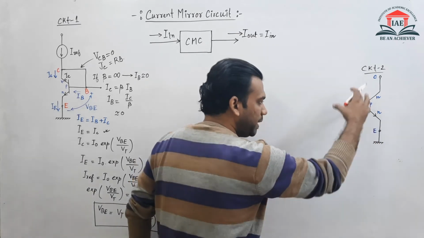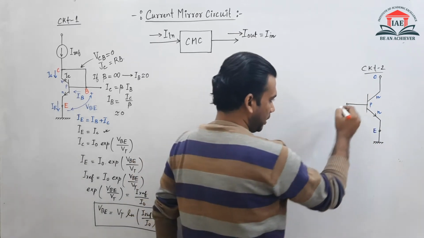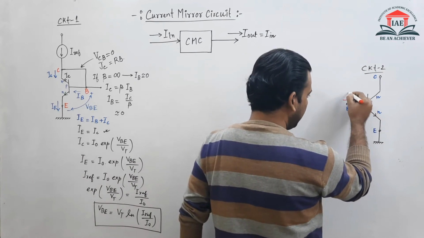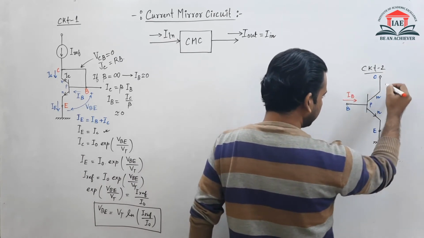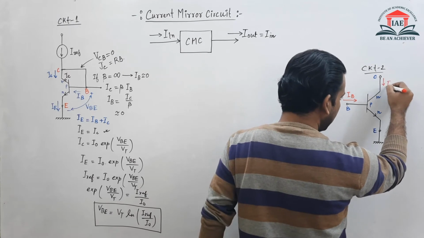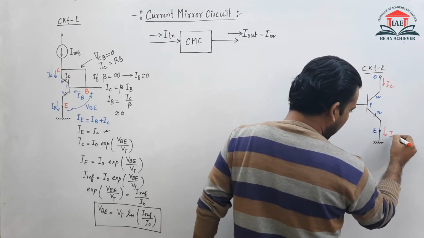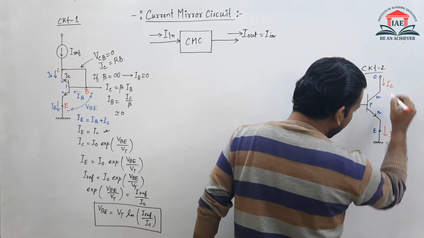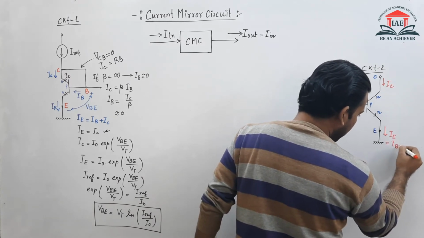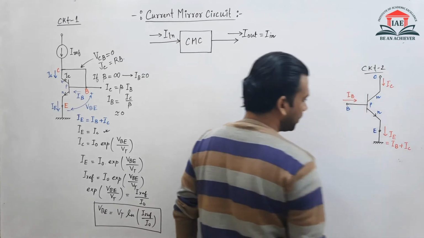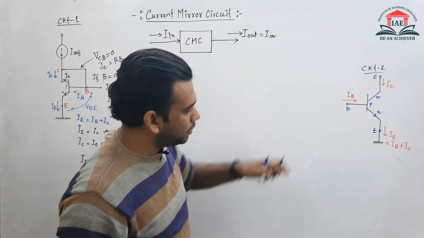Since it is the NPN transistor, the IB current will be in the inward direction, IC current will also be inward, and IE will be in the outward direction, and this IE can be written as IB plus IC.